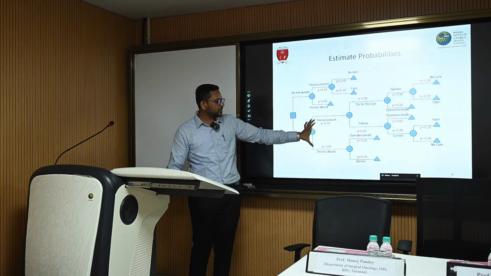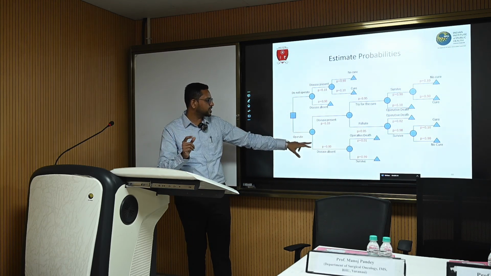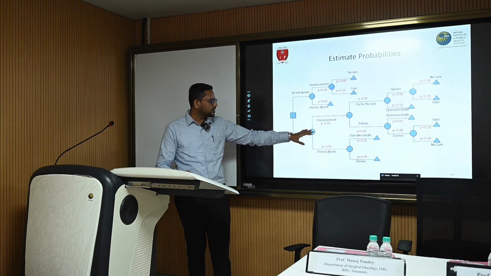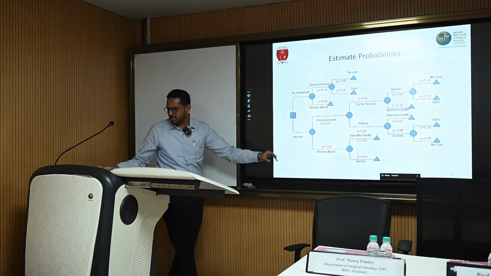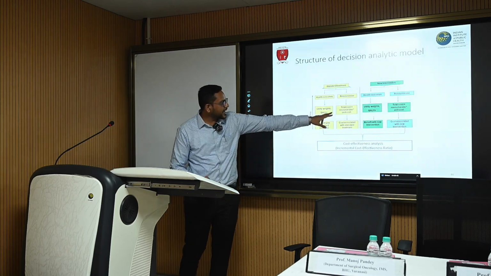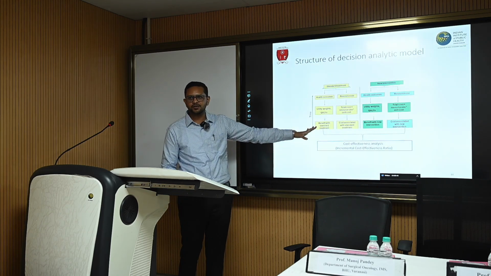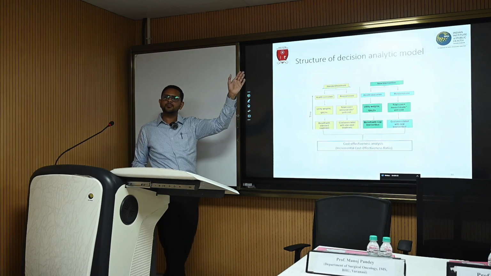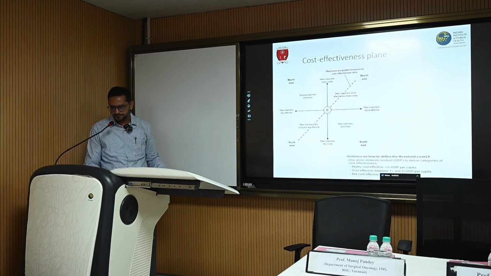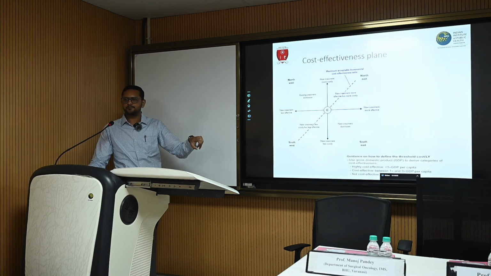For this particular thing, we are having one cost, we have to identify that cost between these two probabilities, and that cost would be parallelly plotted over here. So clinical effectiveness is parallelly compared with the cost, and by this means we are getting ICER. That ICER would be plotted in a cost effectiveness plane.